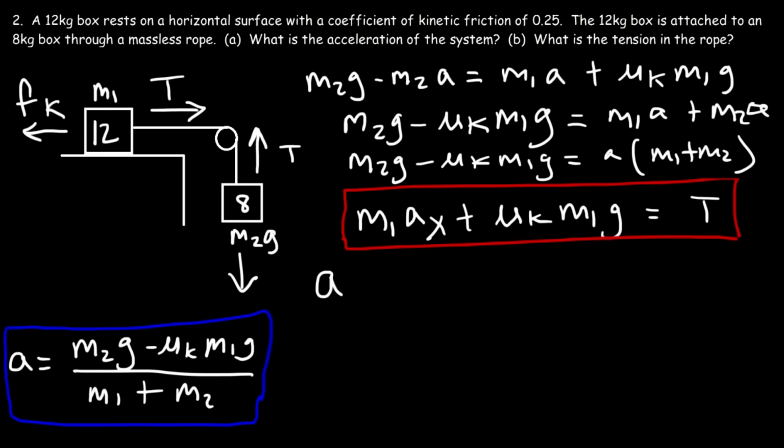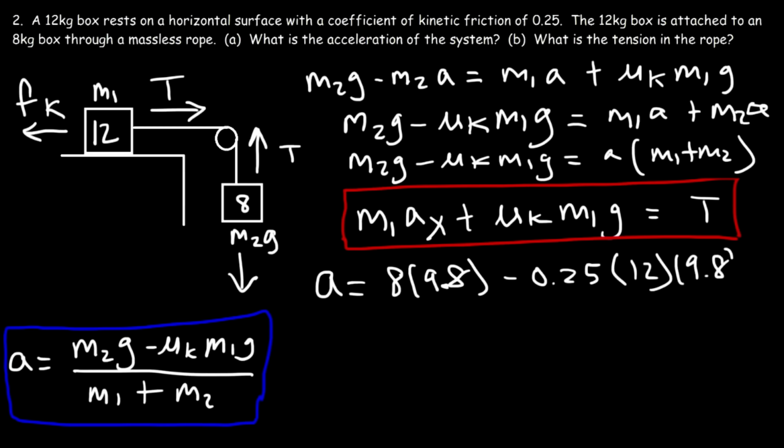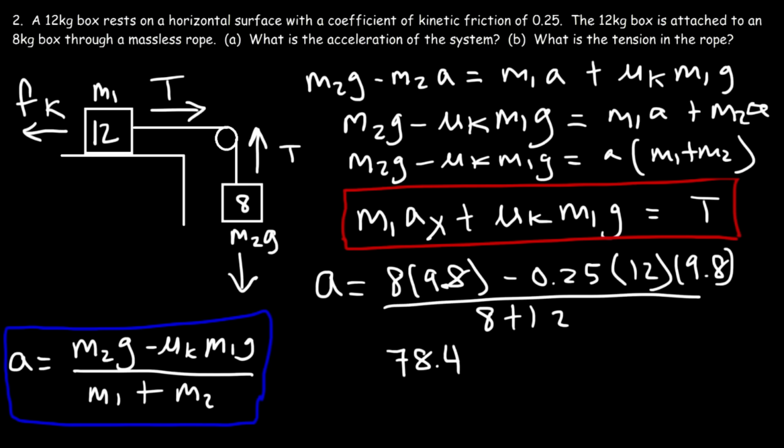Now let's go ahead and calculate the acceleration. So it's m2g, that's 8 times 9.8, minus mu k, which is 0.25, times m1, which is 12, and then times 9.8, divided by the total mass, which is 8 plus 12. 8 times 9.8, that's 78.4. 12 times 9.8, and then times 0.25, that's 29.4, and then divided by 20.